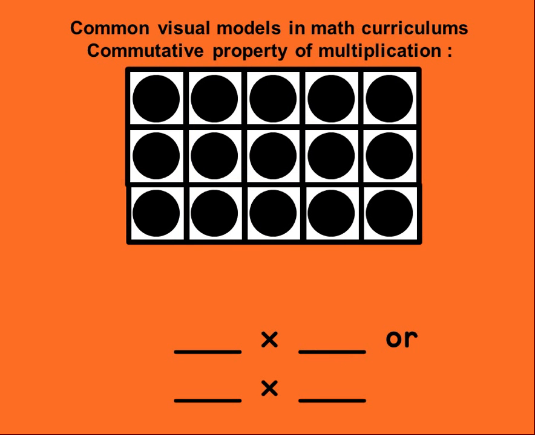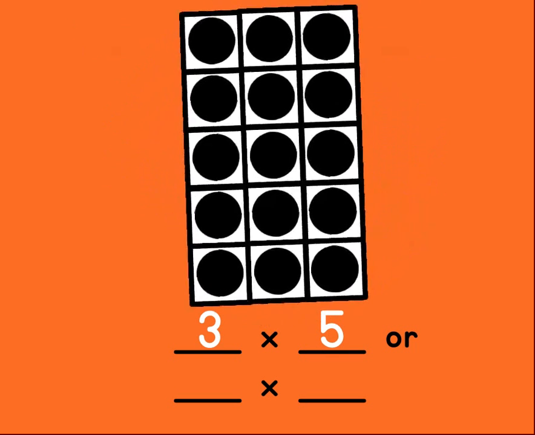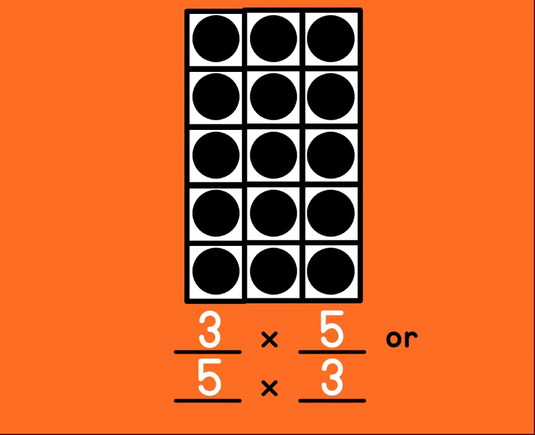This is how the commutative property of multiplication is represented in many curriculums. It's rows times columns, 3 times 5. And if you turn the array, it now becomes 5 times 3.